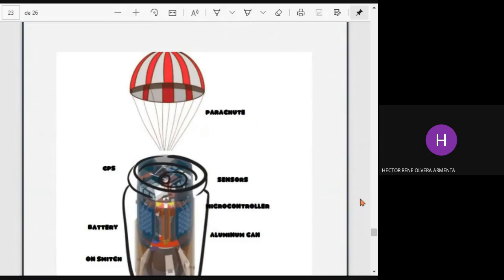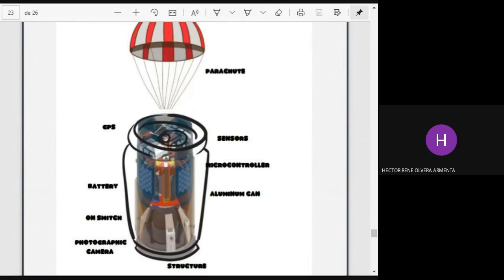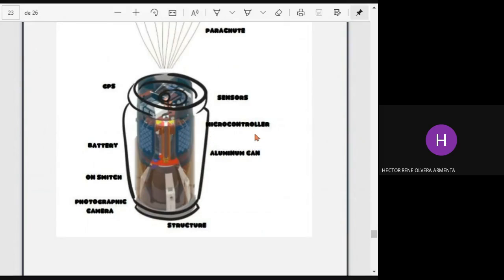Here we have a preliminary design. As we can see, it is basically the parachute. The GPS is going to be over here, also with the sensors. Here we have the microcontroller, the battery.